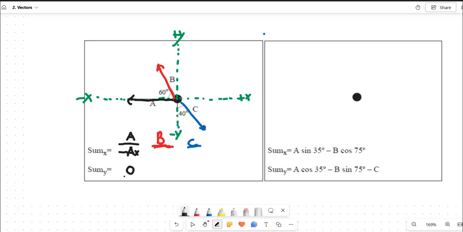Okay? Now, some of them, if they're diagonals, you have to break them into up and down and left and right using the angle that's indicated. So the B vector here, this B vector's x direction component is right here. This B vector is pointing up and to the left. So starting from the dot, you got to go to the left and up.